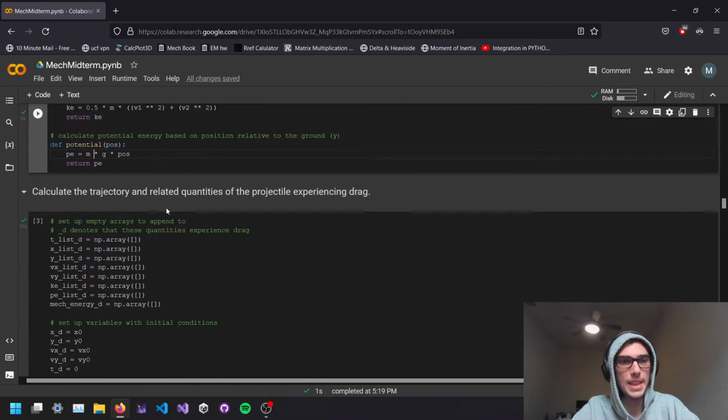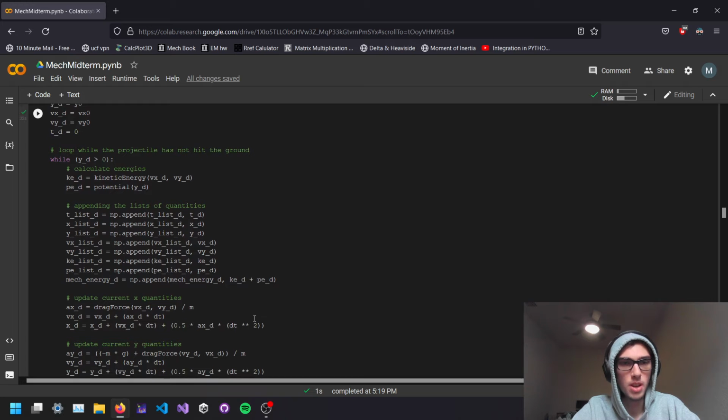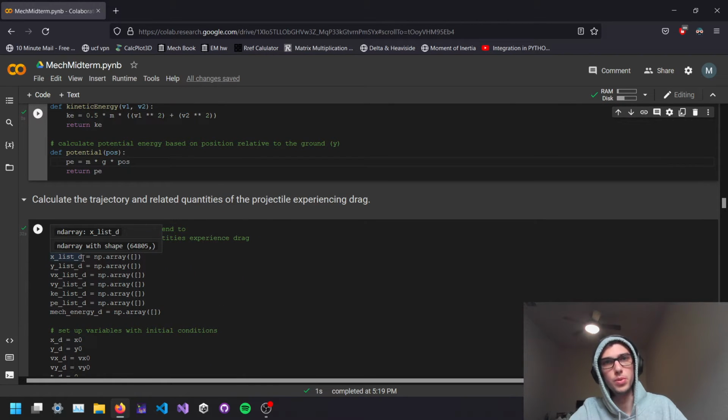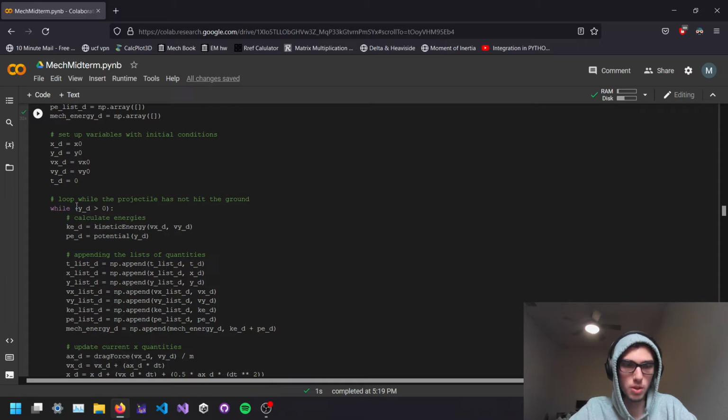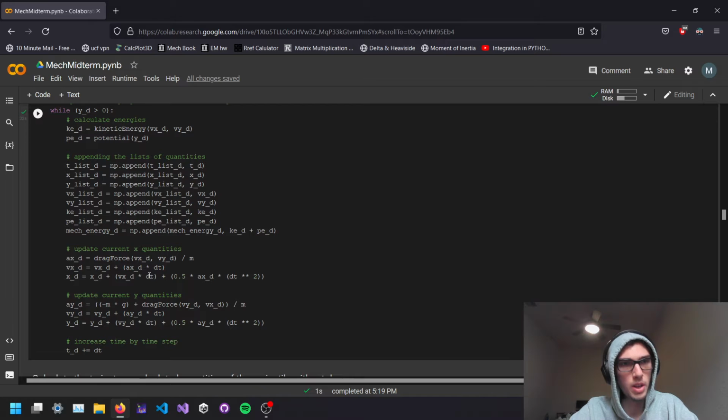And then this has a bunch of arrays that will be appended to over a loop, and the loop goes until the y position is less than or equal to 0. Through each loop, it calculates the various quantities: kinetic energy, potential energy, total energy, acceleration, velocity, position, and appends these values to a list, except for acceleration, because we don't really need that in the end.